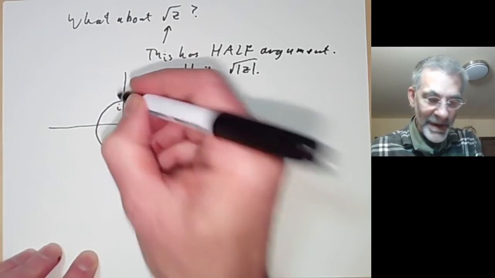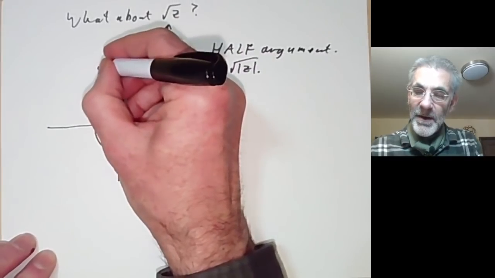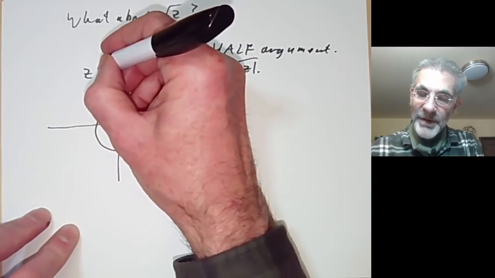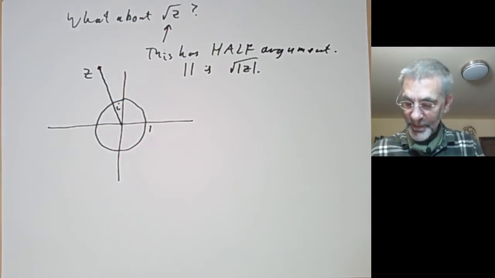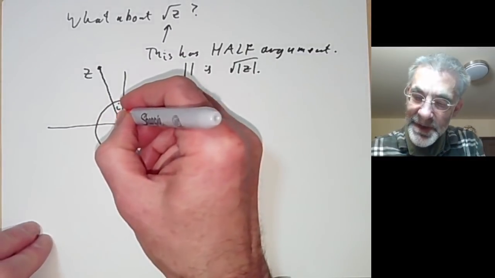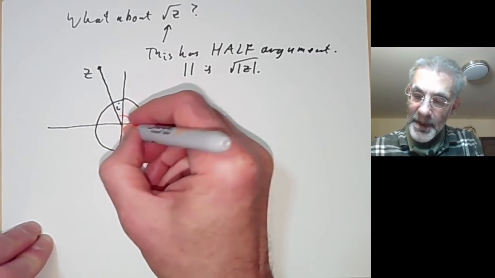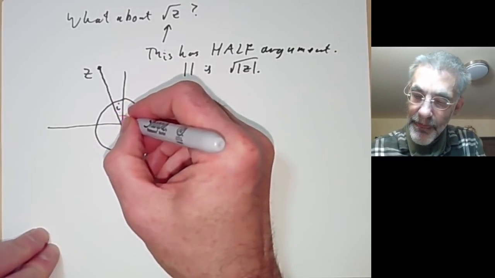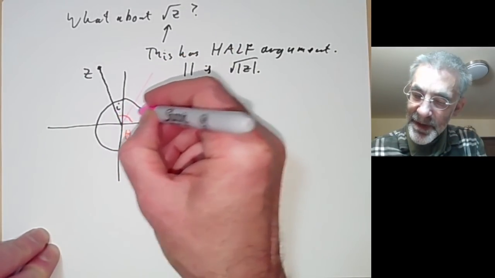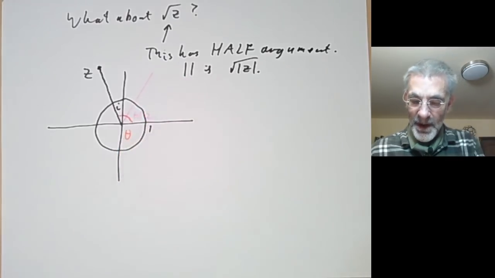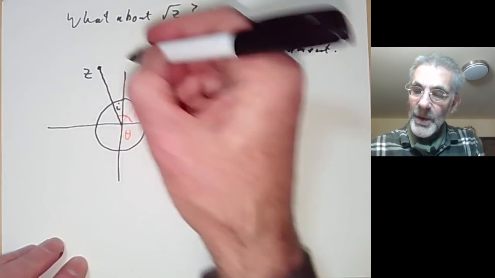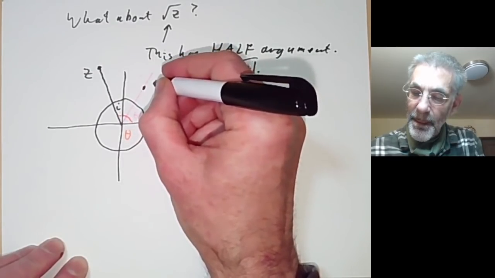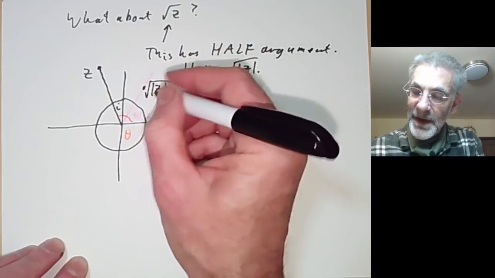Here's 1 and here's i, and suppose I've got a number z up here, say. So how do we find its square root? Well, we convert it into polar coordinates and we work out this angle theta, and what we do is we just divide theta by 2. So this angle is theta over 2, and we take a point here whose distance is the absolute value of z, and then we have to take the square root of the absolute value of z.